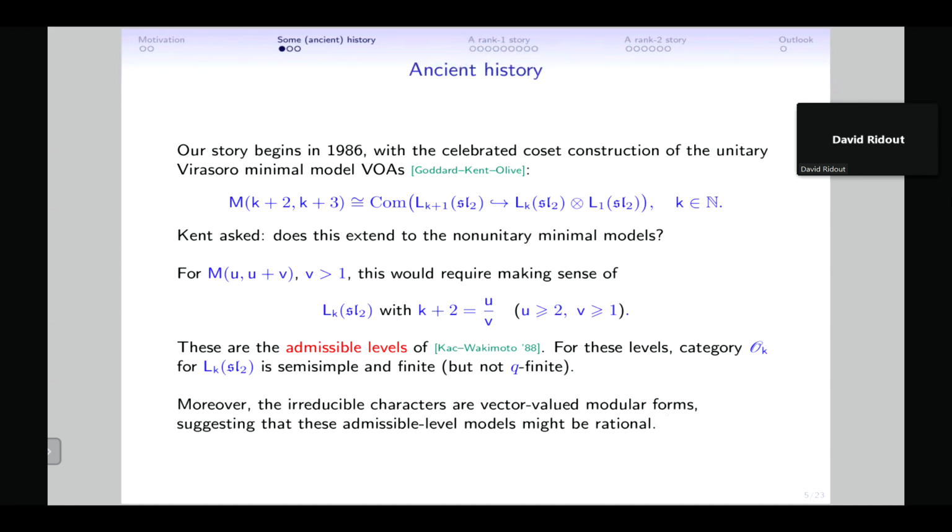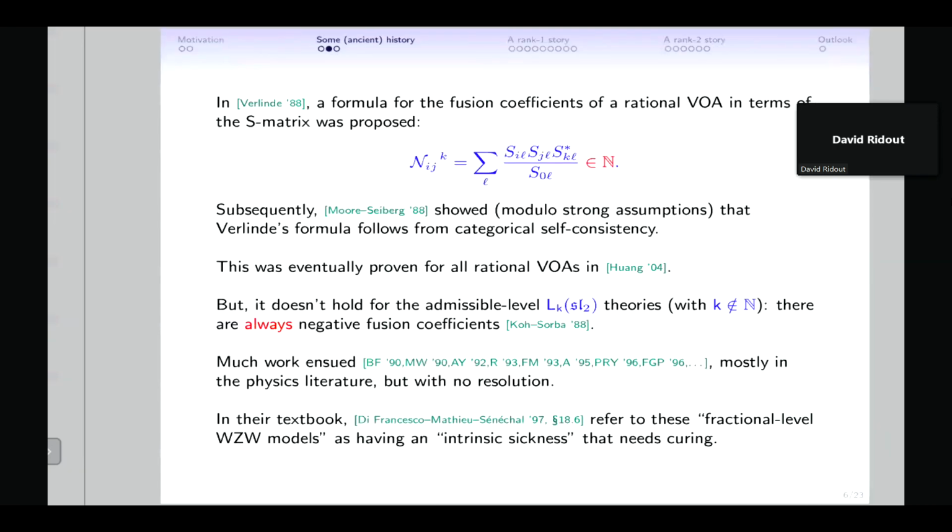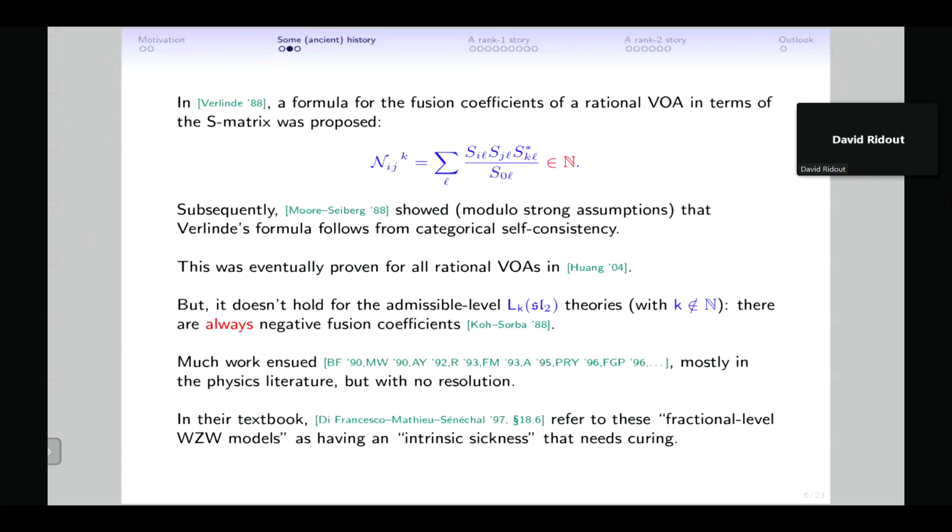So Kac and Wakimoto's work was basically looking at what happens to the characters under the modular transformations. And they found yes, we have vector-valued modular transformations, so everything should be good. But then almost immediately, people started connecting modular transformations with fusion coefficients.